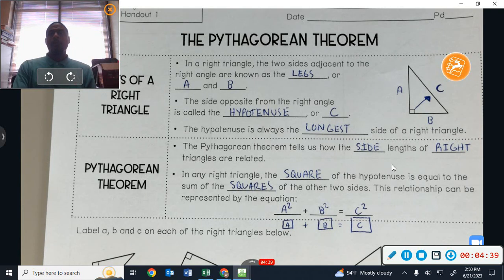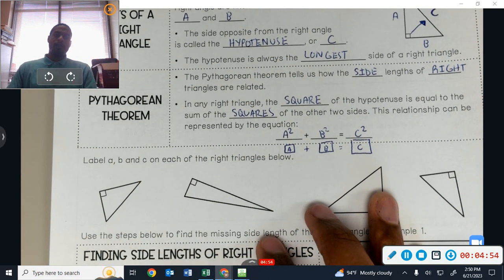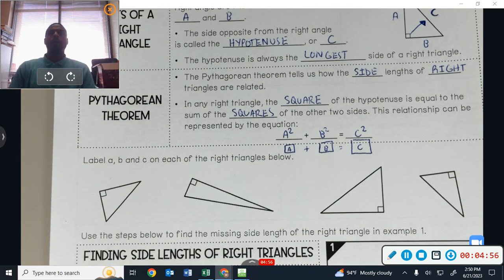Now we're going to label first. We're going to label A, B, and C on each of the right triangles below. So what do I mean by that? It's very important that you understand where the A, the B, and the C are.